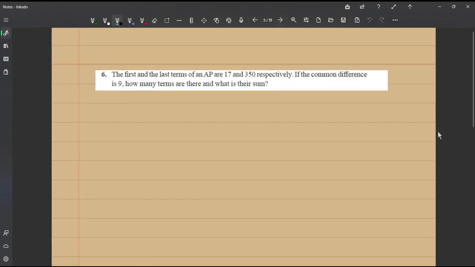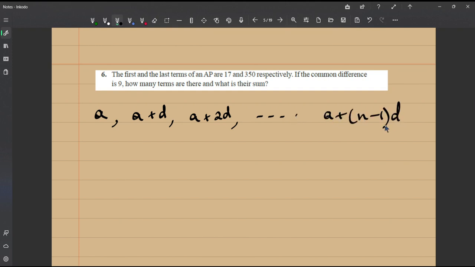Yeah, I'll take a fresh page. So what is given to us? Let me rewrite the arithmetic progression. It is a, a plus d, a plus 2d, and so on till a plus n minus 1 into d, right? So what is given? A is given to us as 17.